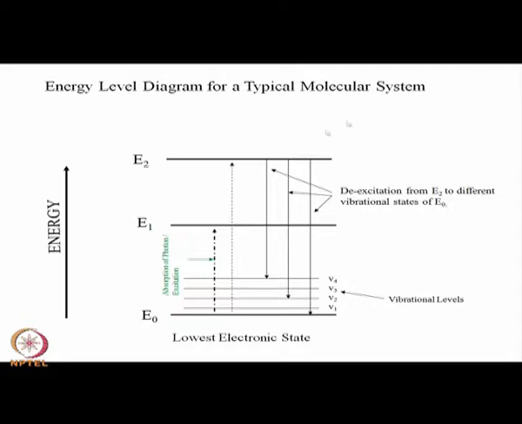So, initial spin state is your initial state after excitation. Initial state to final state, spin multiplicity is conserved, therefore, this will be your fluorescence. Okay.